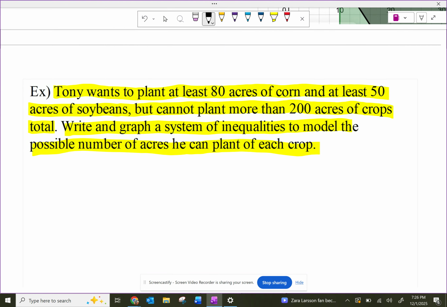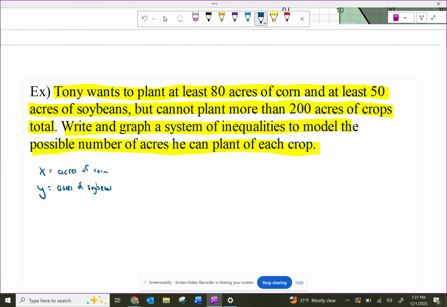So he can plant a certain amount of acres of corn and acres of soybeans. So I'm going to let X represent the acres of corn. Y is the acres of soybeans.